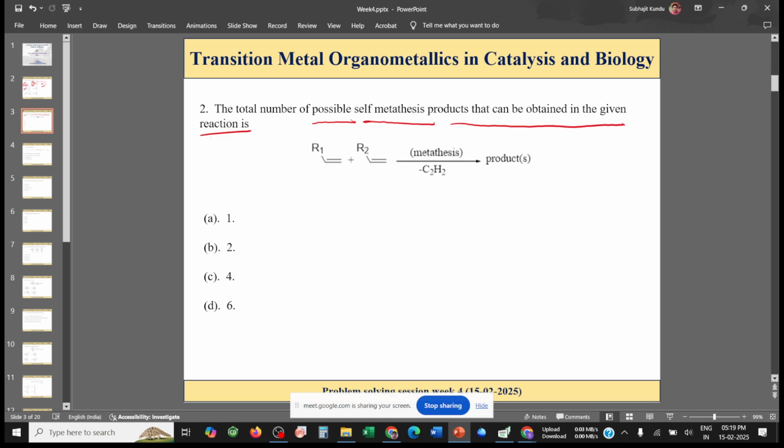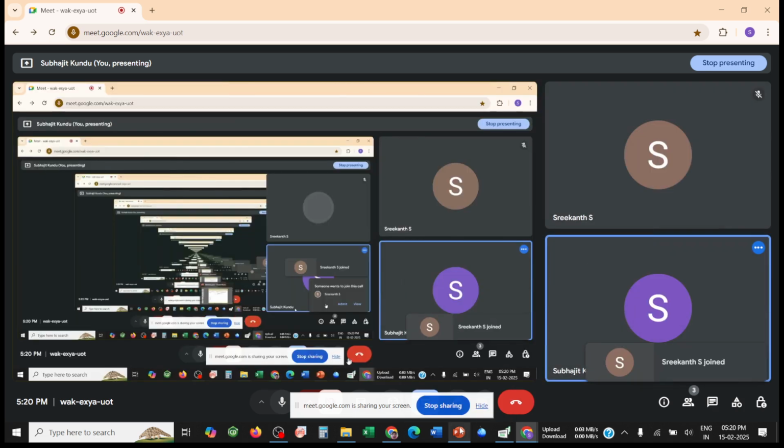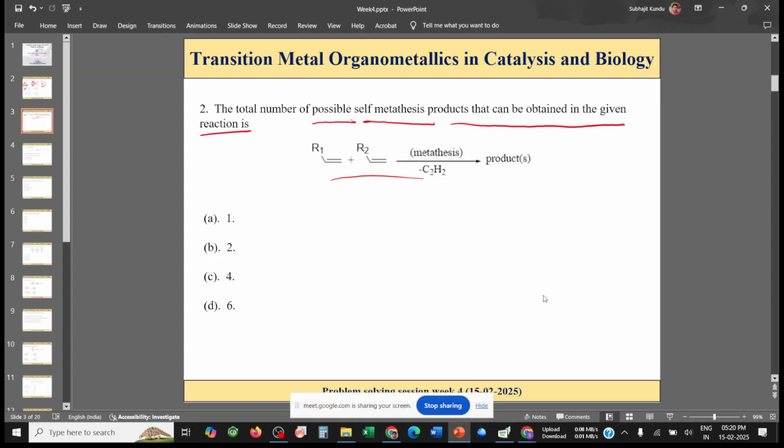So in this same reaction, there is a possibility of forming two products.